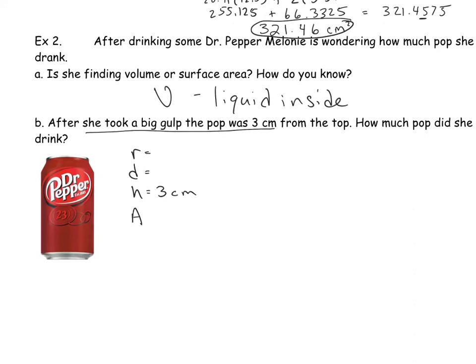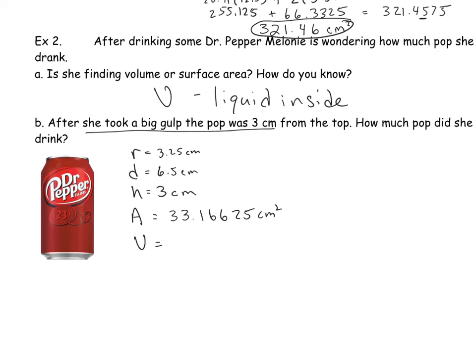And the area is still going to be that long 33.16625 centimeters squared. The diameter is still 6.5 centimeters. And this radius is still 3.25 centimeters.